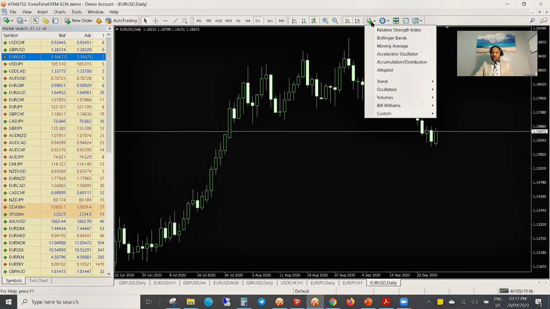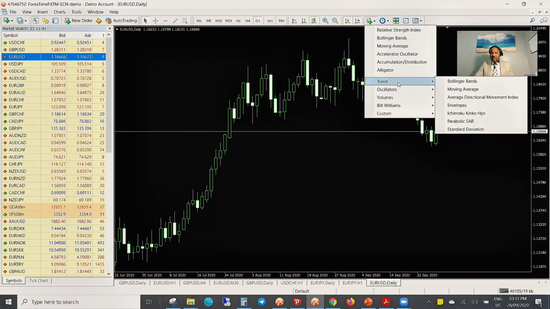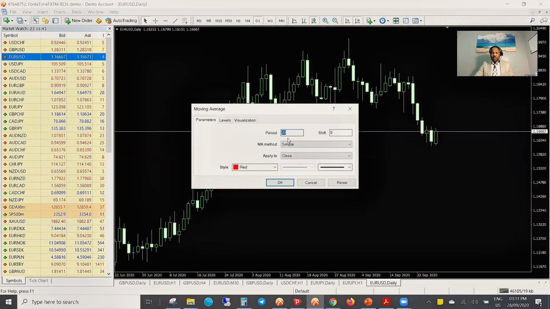So an indicator, trend, moving average, period. Let's start with the 10. Period 10. Shift. Don't change shift. Always leave it at 0. We don't need it. Method, MA method, exponential. Apply to close. And then let's make it a little thicker, okay? Color doesn't matter.